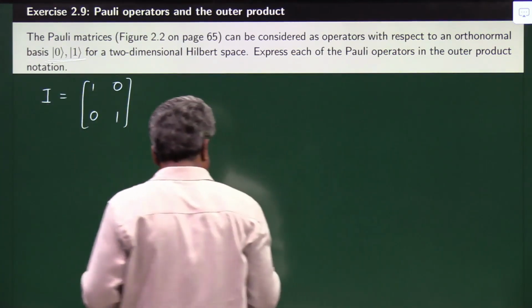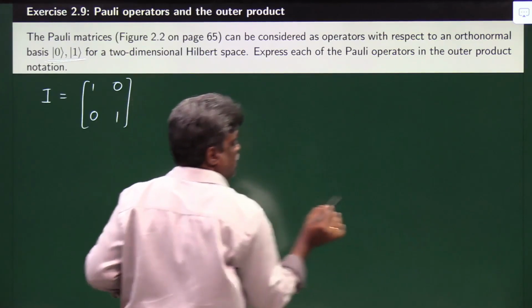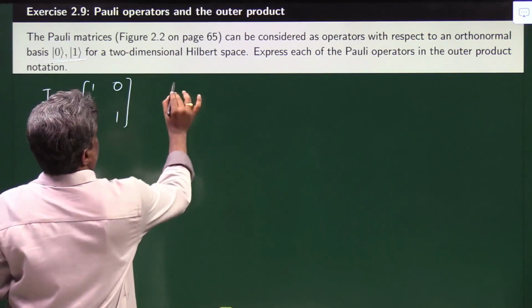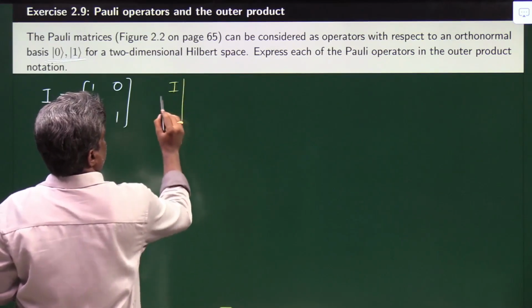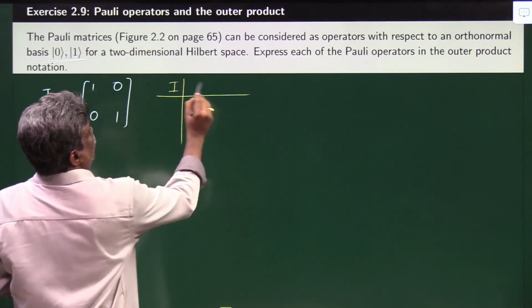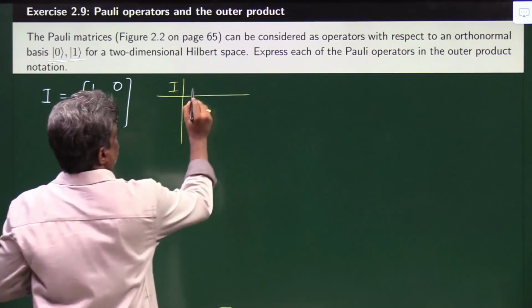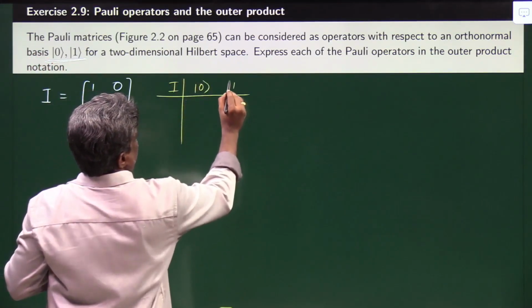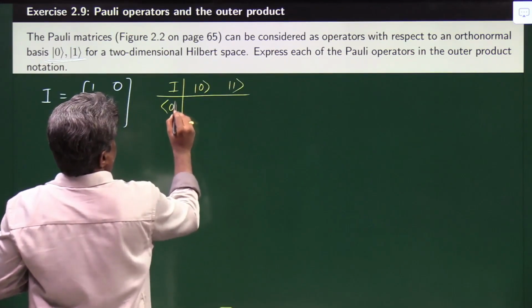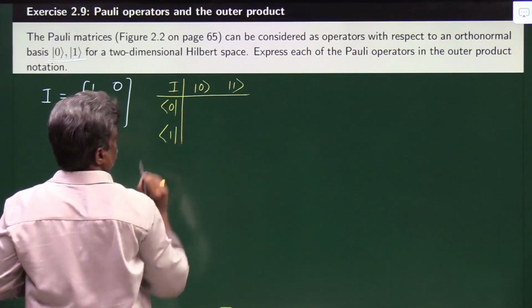So whenever you want to write the outer product form, first write the matrix representation of this. The matrix representation, I told you already. So here you have to take an input basis. Here our input and output basis are same. So this is ket 0, ket 1, and this is bra 0 and bra 1.